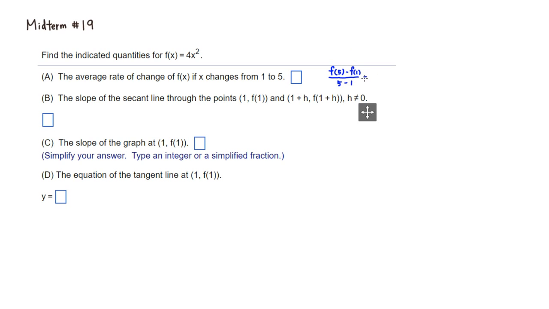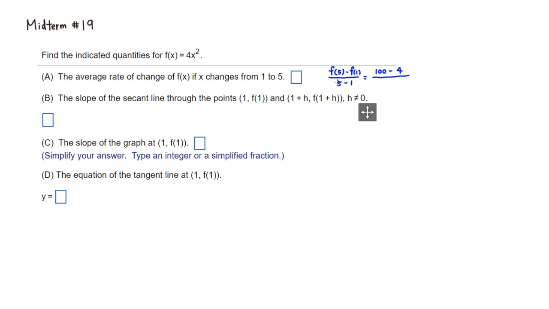divided by 5 minus 1. So let's compute f of 5. You plug in 5 for x, so you have 4 times 5 squared. 5 squared is 25, times 4 is 100, minus f of 1, which is 4 times 1 squared, so it's 4.